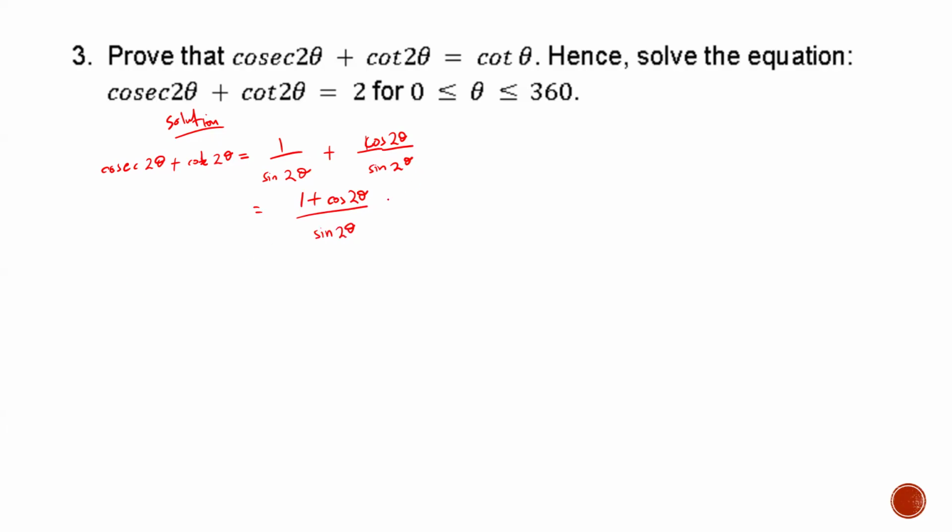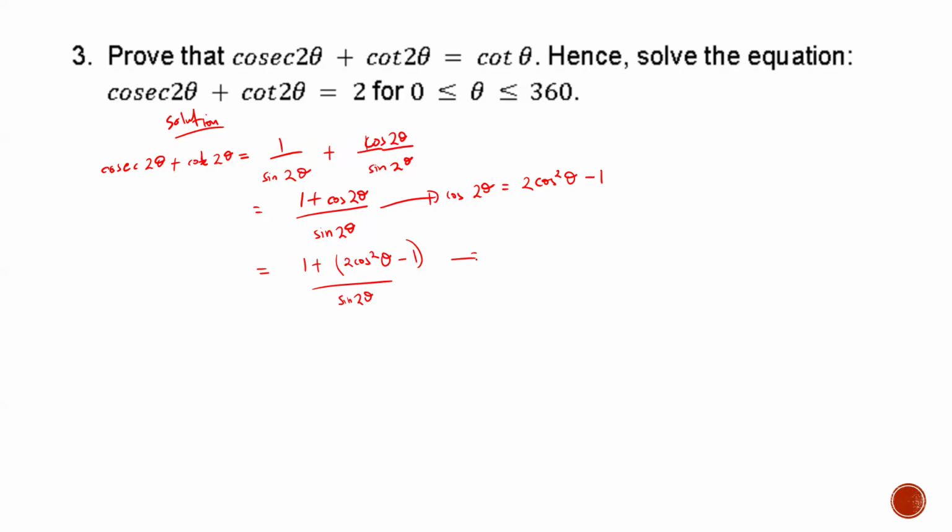And then also cos of 2 theta can be written as 2 cos squared theta minus 1. And that means we shall have 1 plus 2 cos squared theta minus 1 divided by sine 2 theta.